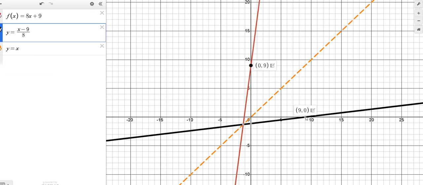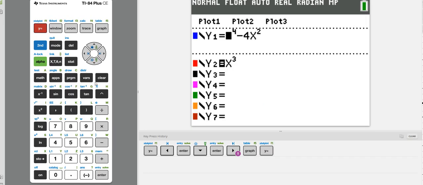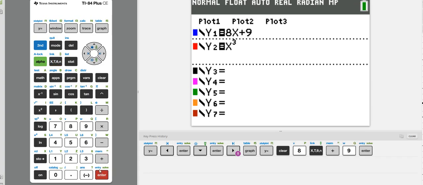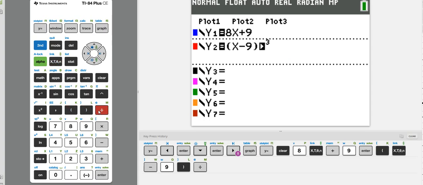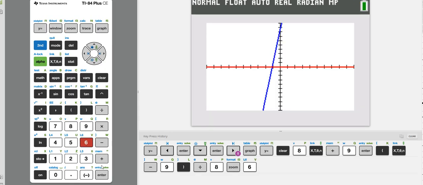Now you can do the same thing on a graphing calculator, if you don't have desmos to use on a test. Same kind of game there. We'll do 8x plus 9, and then x minus 9 divided by 8. I'm going to hit zoom 0, or zoom 6 to get the standard graph, and it just doesn't look quite right.